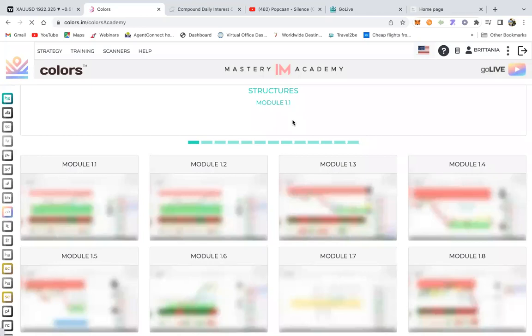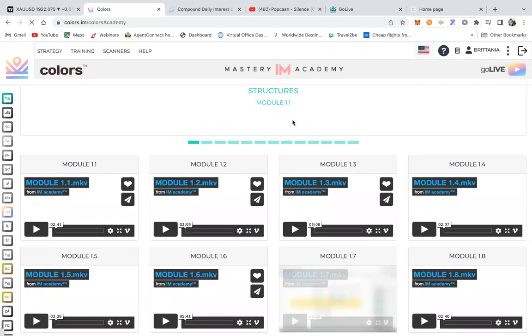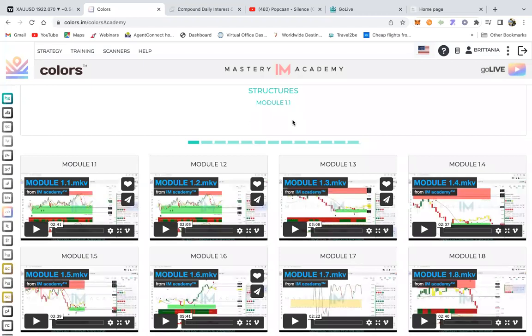Before the old Trinity thing, before the update, everybody was just teaching the triangle offense. So from day one, that's what I stuck with, because that's the only thing we were doing. Once you get the triangle, you line up the colors and take the trade with the triangle. So the Trinity now is just extra confirmation to let you know that the trade is going to be going in the opposite direction.